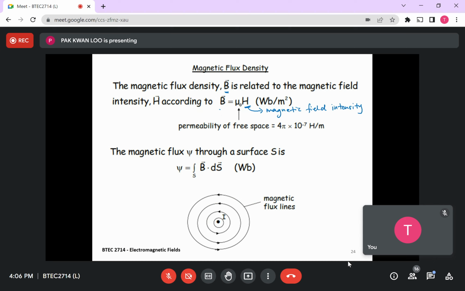Okay, so we write here for comparison purposes. So D is the electric flux density, and this is the electric field intensity.